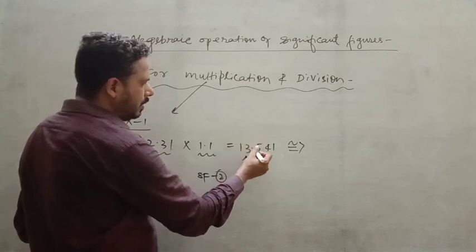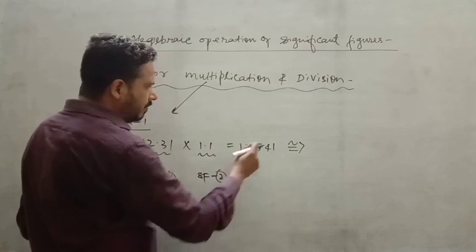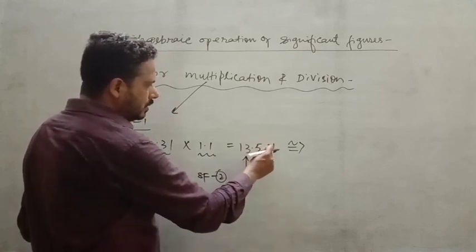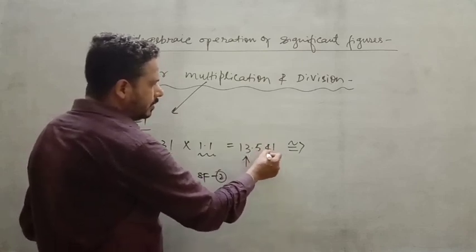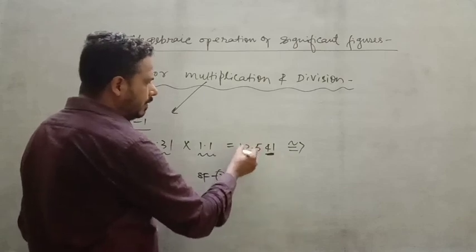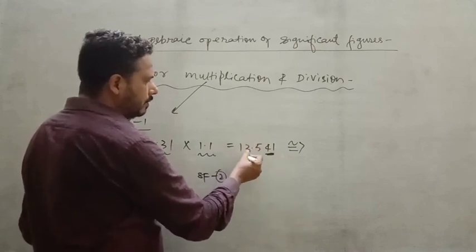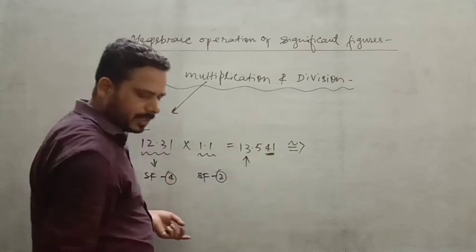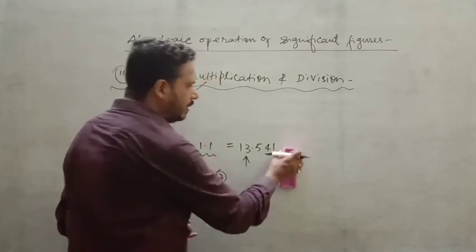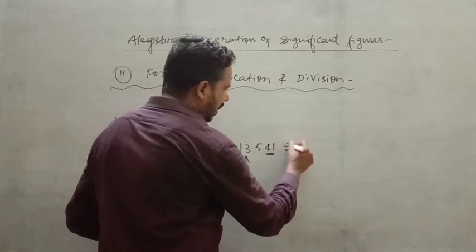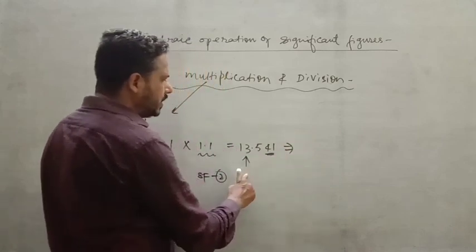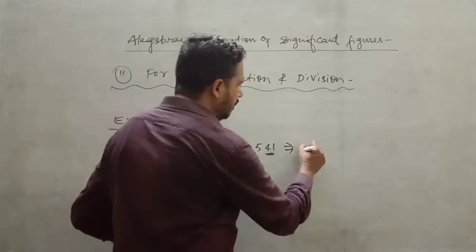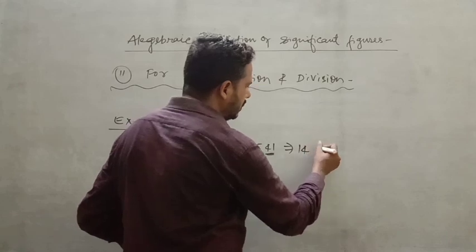But right now you are seeing that after 5 some number is also there, so no effect. Ultimately you will get greater than 13, so it will be increased by 1. So after rounding off up to 2 significant digits, you will get 14, and 14 is your result.